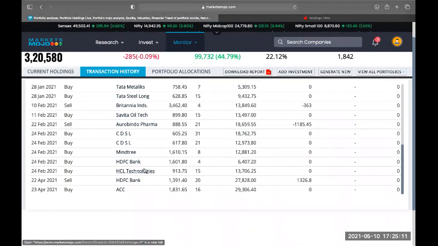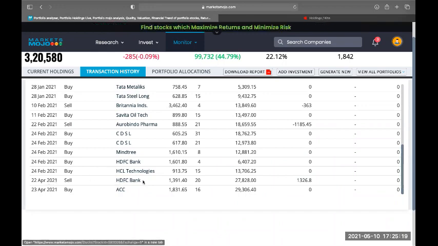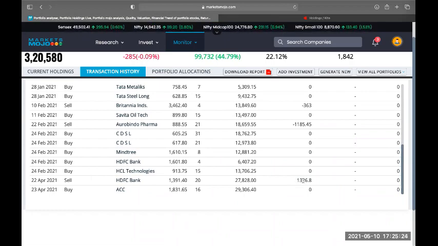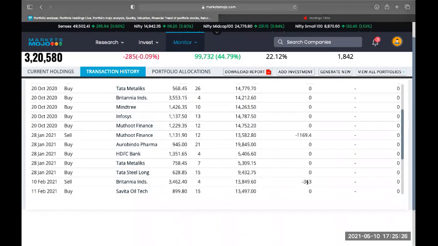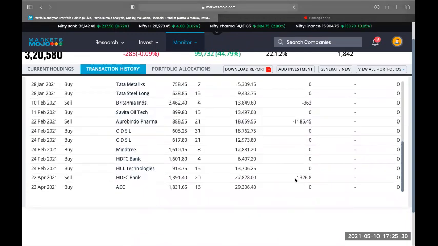If the parameters of HDFC Bank were not looking good on 22nd of April, they asked me to exit, and I have booked a profit of about 1,326 rupees. Realized gain or loss: I've actually booked a profit of 1,326 rupees.